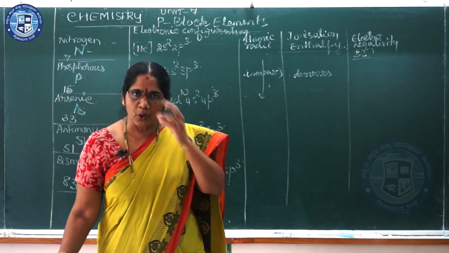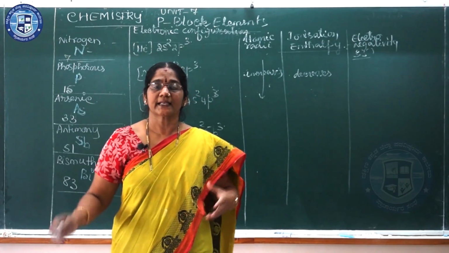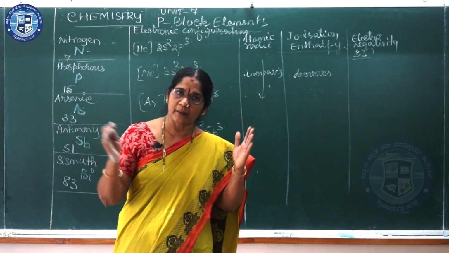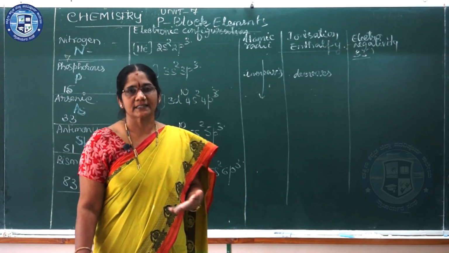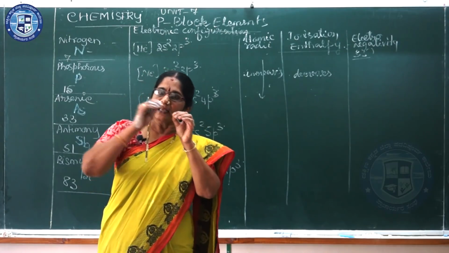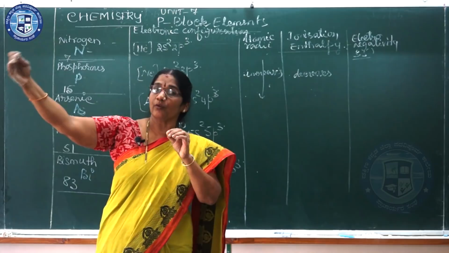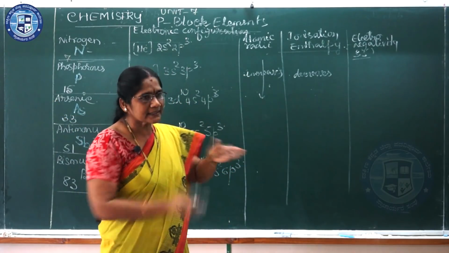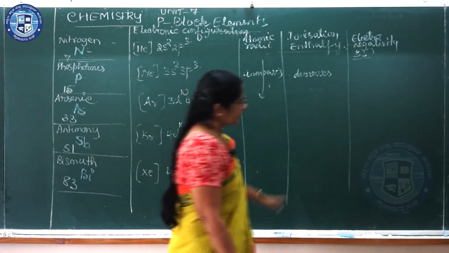So nitrogen is a small atom, so it's highly electronegative. But electronegativity is the capacity of an atom to attract the pair of electrons towards itself, which decreases with the increase in size, because the nucleus cannot hold the electrons which are very much away from itself. So as the size increases when you move down, the electronegativity goes on decreasing.